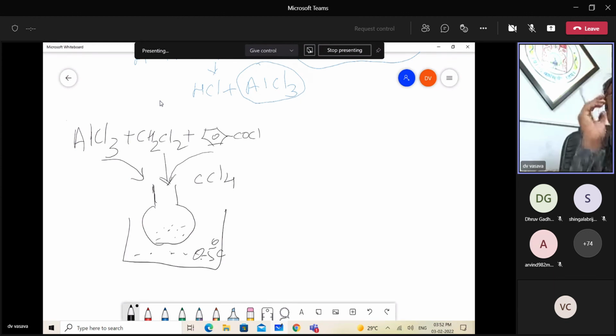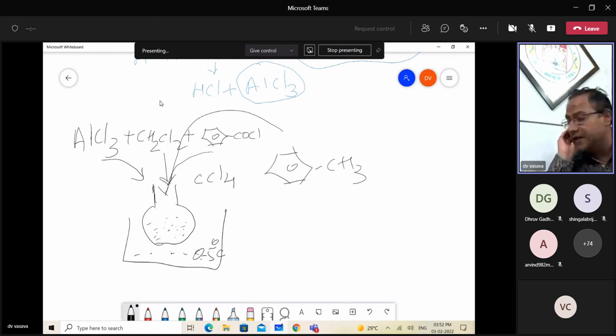Now, after mixing all these things, AlCl3, MDC, benzoyl chloride, and CCl4, in the same container you can introduce the toluene. The same can be introduced into the flask with the toluene.